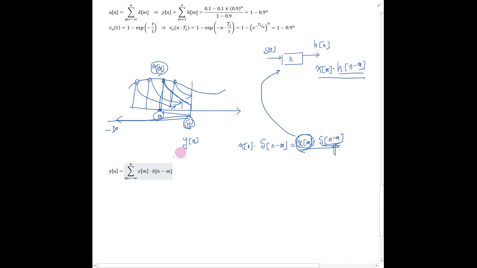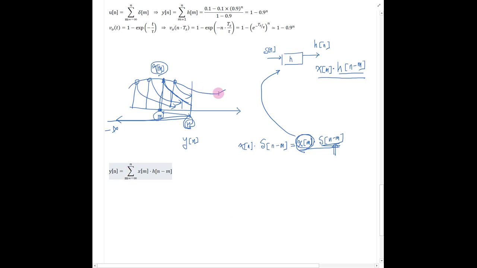So we can take this value up to infinity. It doesn't matter, and we can use this convolution equation. It's also okay, since m takes only past values, current to past, not future values. So m can take values from n to minus infinity. This is the convolution equation. You can safely choose the upper limit as infinity in the case of a causal system.